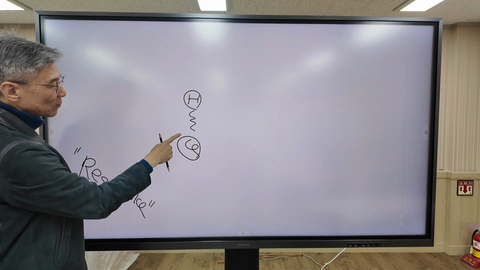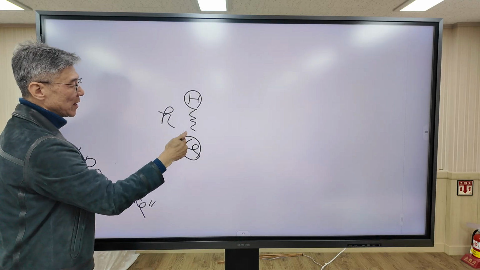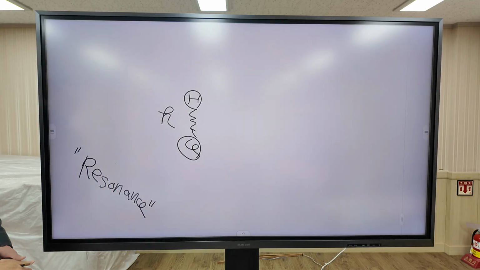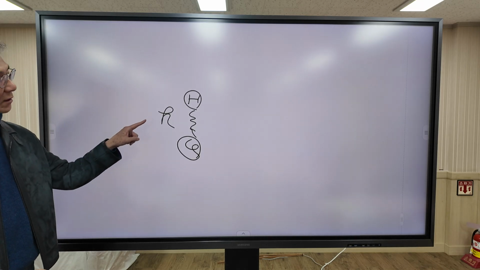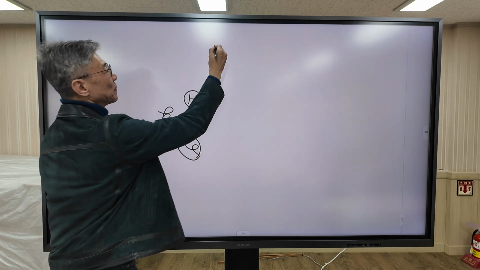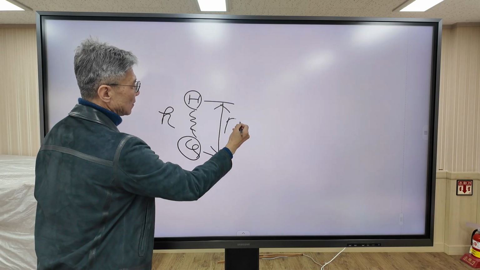Now the spring is characterized by a force constant k. So given force constant k, we can express the potential energy of this molecule. Now the distance between two atoms is called r.